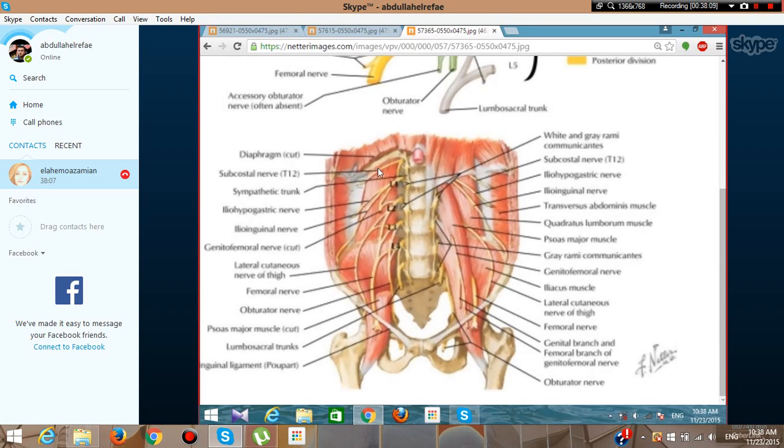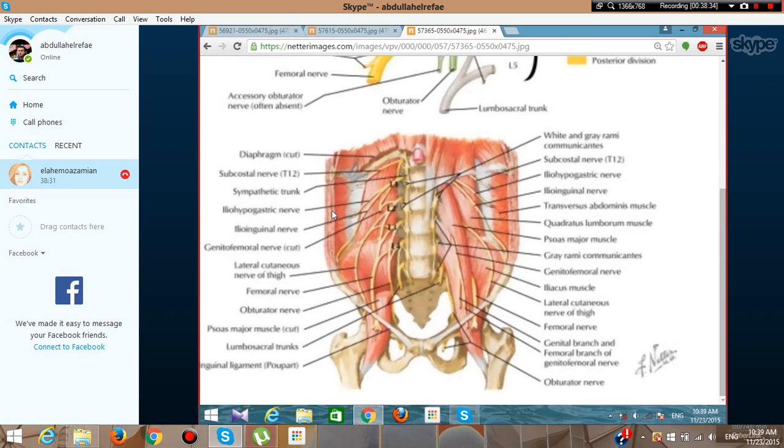Where do you find them? They're on top of quadratus lumborum muscle. And they run toward the abdominal wall anteriorly. They go between transverse abdominis and internal oblique. They come out from here and they go to the anterior abdominal wall also.